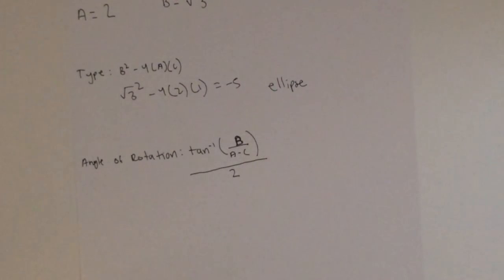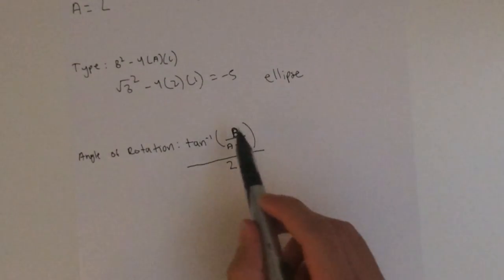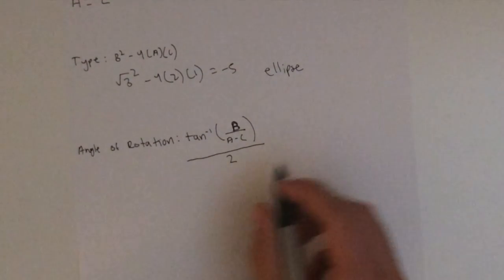Now we must find the angle of rotation. We plug in the a, b, and c to this formula here to find the angle of rotation.